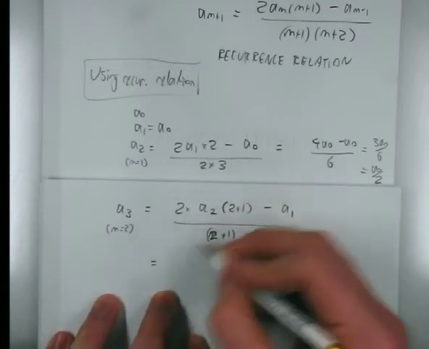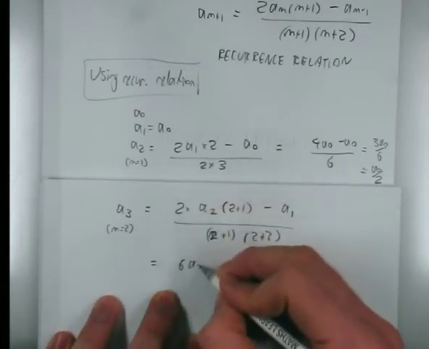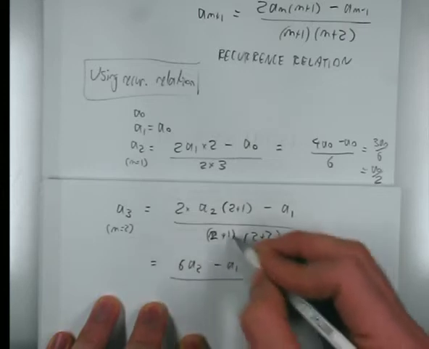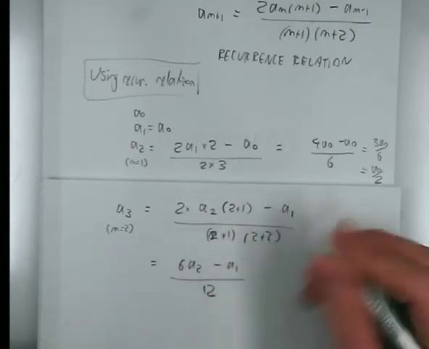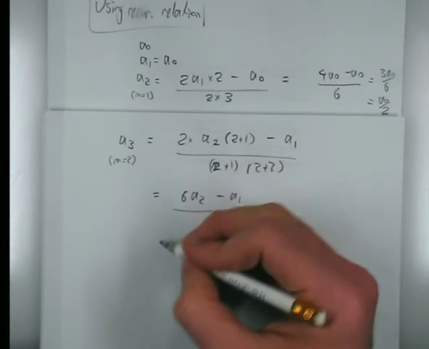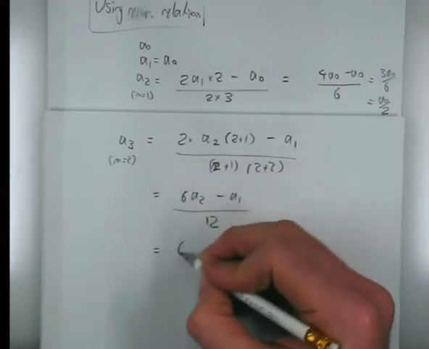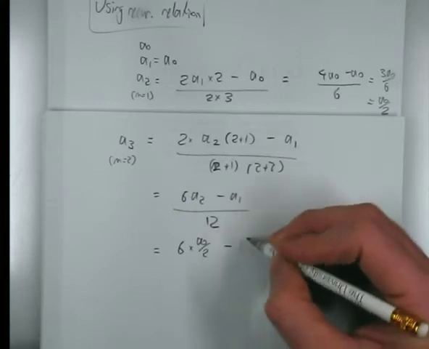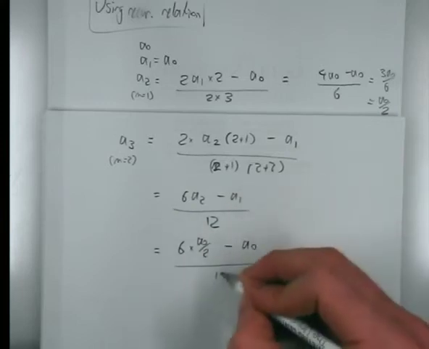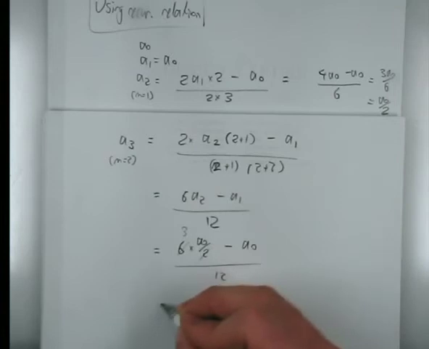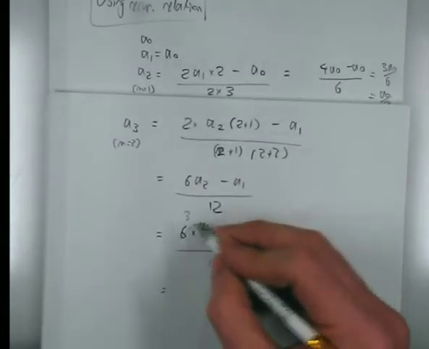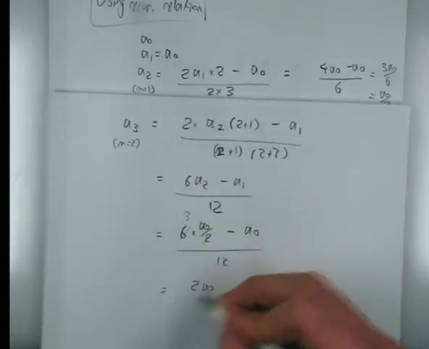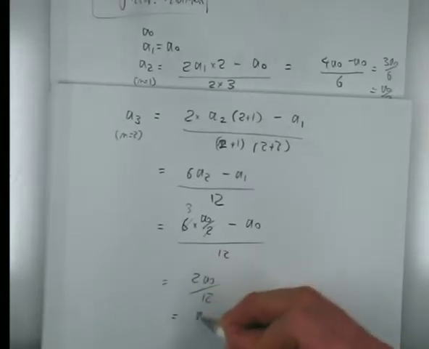So I've got 6A2 minus A1 over 3 times 4, which is 12. But A2 was A0 on 2, and A1 was A0. So I've now got 3A0 minus A0, which is 2A0 over 12, which is A0 over 6.